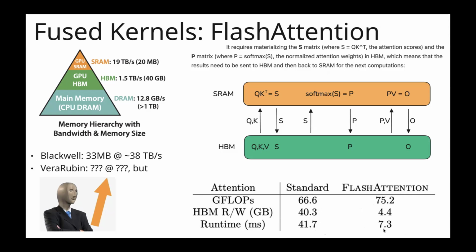So even though we do more computations, because we need to recompute some parts of the values in this diagram, we avoid a lot of reads and writes, so that instead of transmitting 40 gigabytes of data between SRAM and HBM, bouncing them back and forth, we do only 4 gigabytes of reads and writes in total.